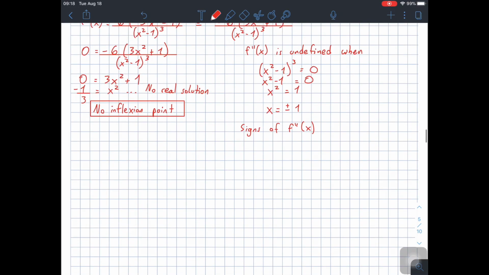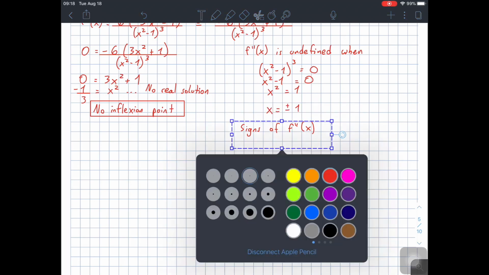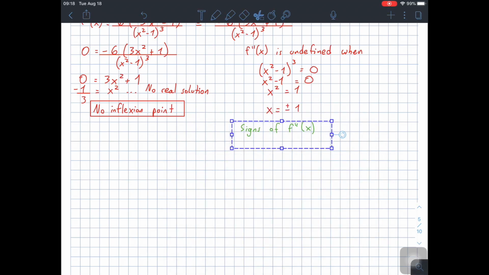I'm going to do this with green. There. So I am going to do my number line, and I'm going to put the critical numbers, which in this case are positive and negative 1. So negative 1 right here and positive 1 right here.